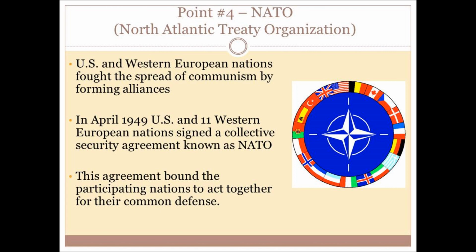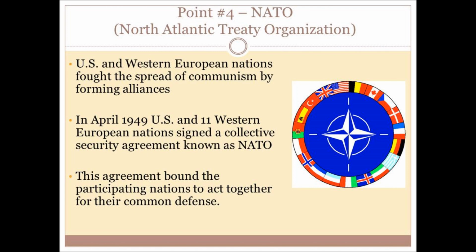This agreement bound the participating nations to act together for the common defense. Basically, this created an alliance among democratic countries, both in the United States and in Western Europe. The goal was to make sure that communism did not interfere in their way of life.